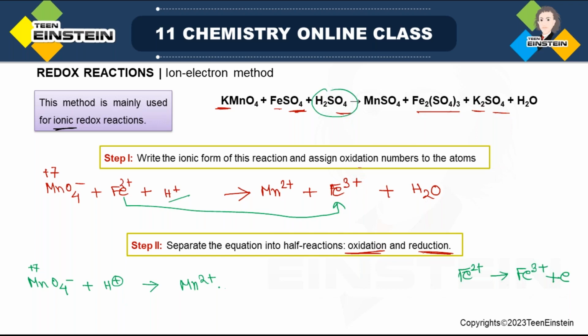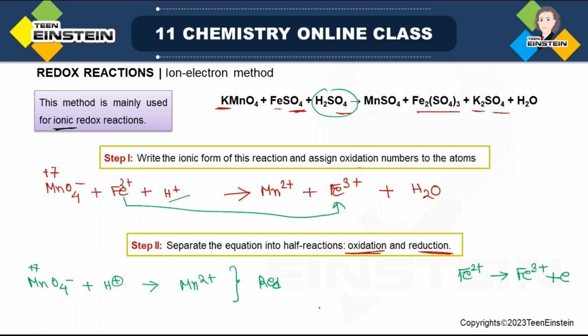If we look at this separate equation, it is basically reduction, because from +7 it is converted to +2. It is a gain of electrons. You can also write the electron here, but we'll do it later.